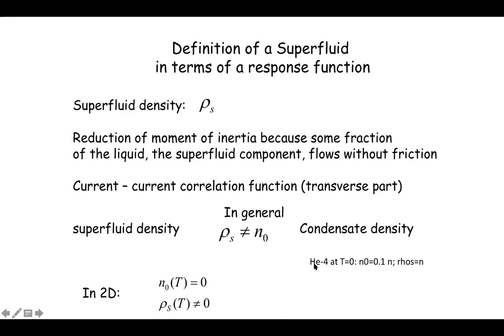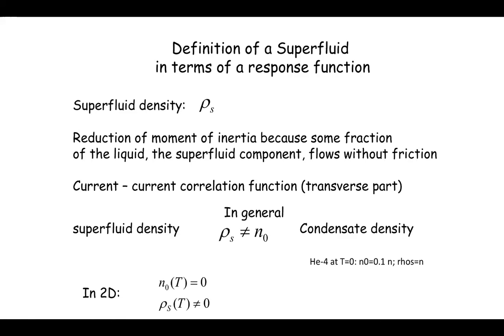In helium-4, for example, at 0 temperature, right? The condensate fraction is only a tenth of the density of helium, only a tenth, which means in the 0 momentum state, because helium has a hardcore interaction potential, a lot of bosons get scattered out of the k equal to 0 state into higher momenta states.